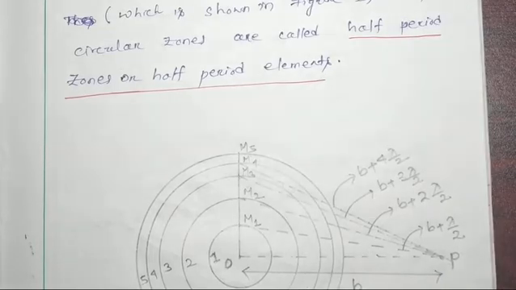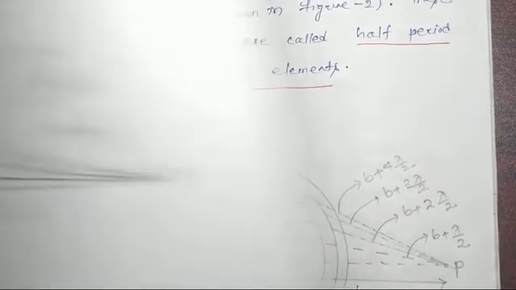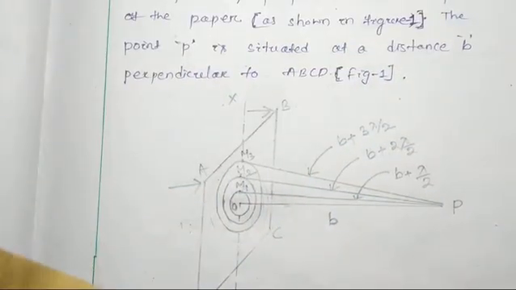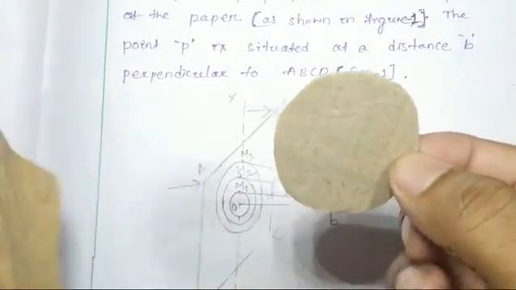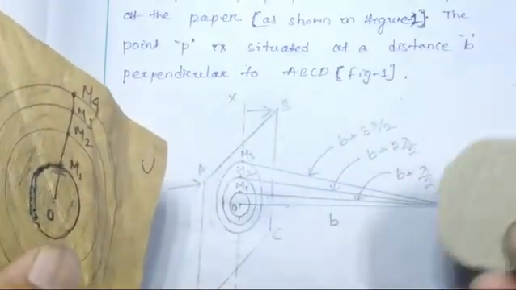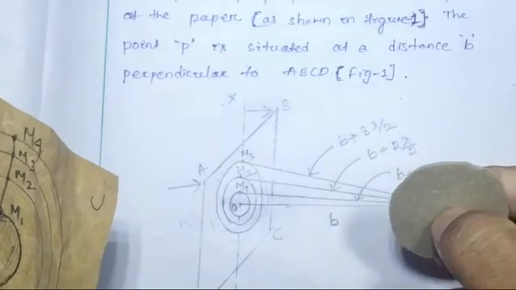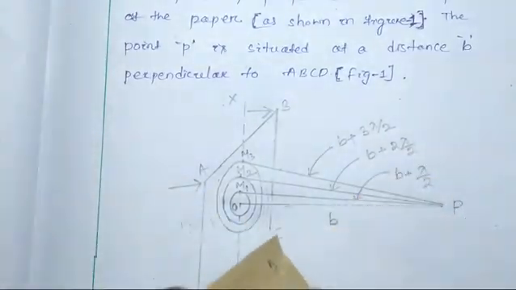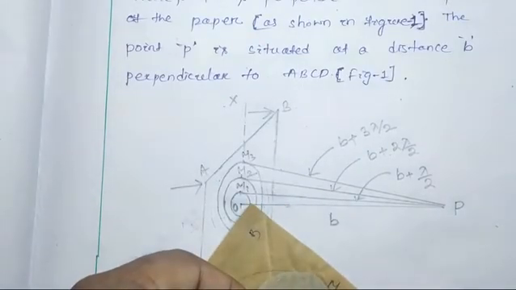Or we can consider it like this. Suppose this is a circular area, and P is the center of a sphere.